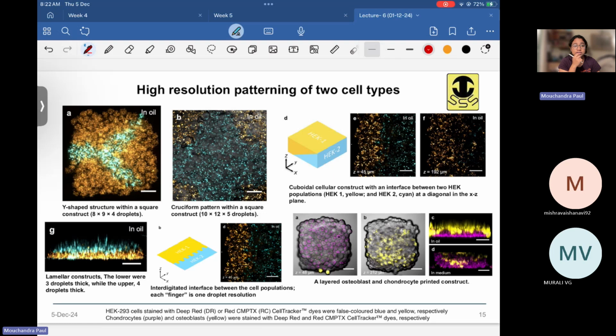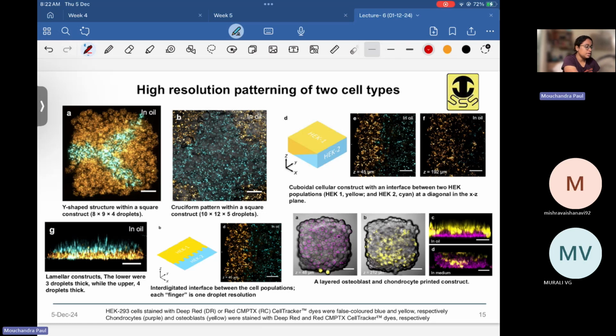They used these HEK cells and they stained them with two different dyes of two different colors. One is deep red, another is red. But for representation purposes, they false colored it in the software. So one cell type will appear blue, another cell type will appear yellow. Although they are the same cells, the only thing is they are colored differently.